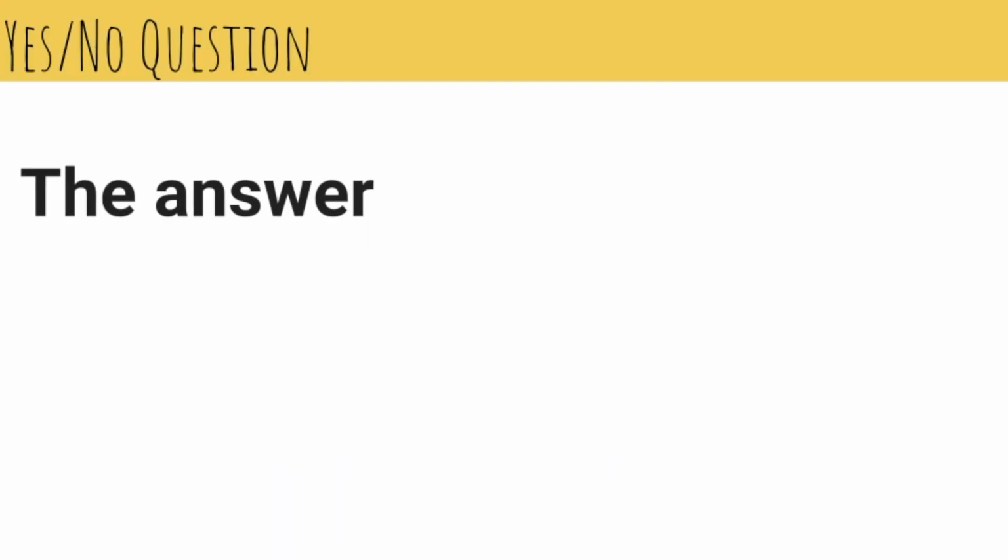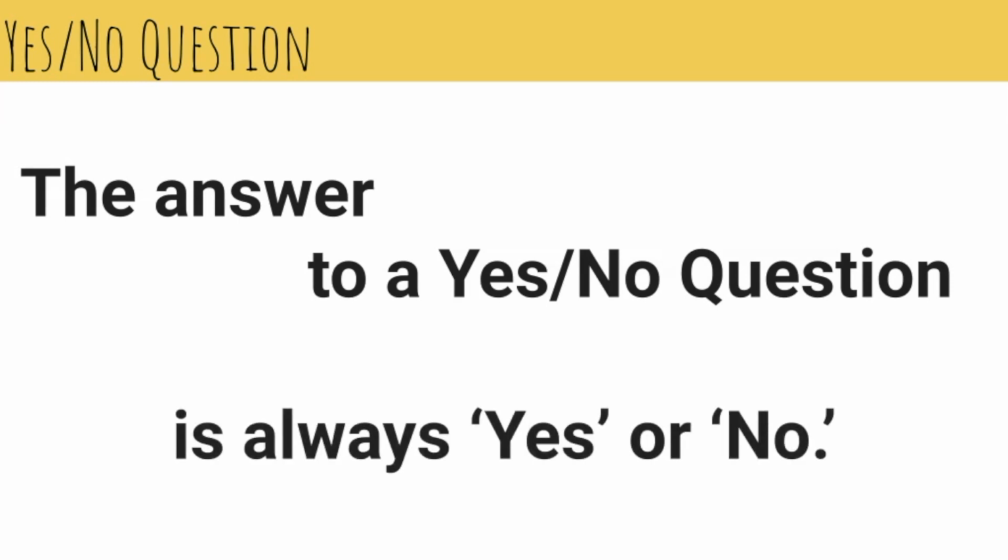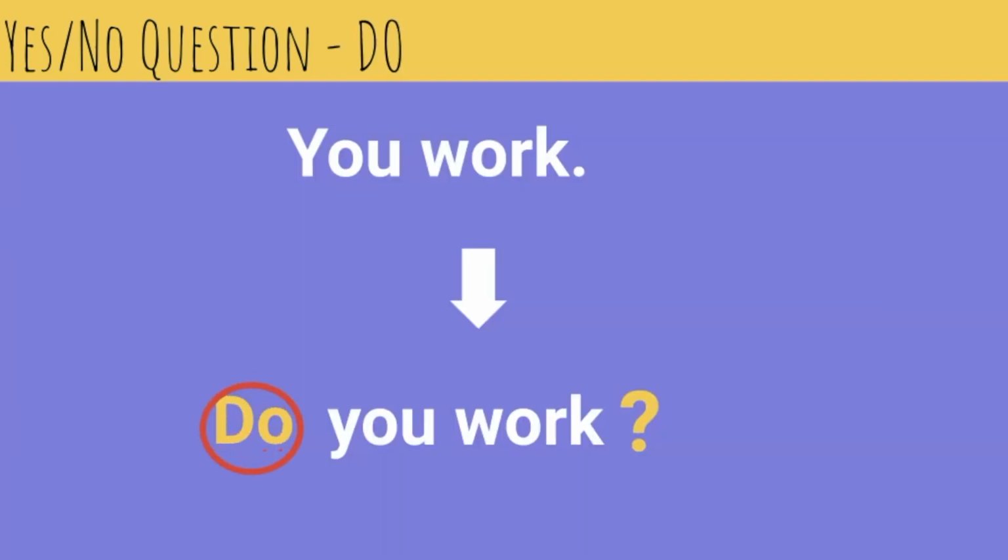The answer to a yes-no question is always yes or no. Do. We use the word do to make a yes-no question. Do you work? To make this same question in the past, we're going to use the past tense of do. We'll use the word did. Did you work? Did you work yesterday?